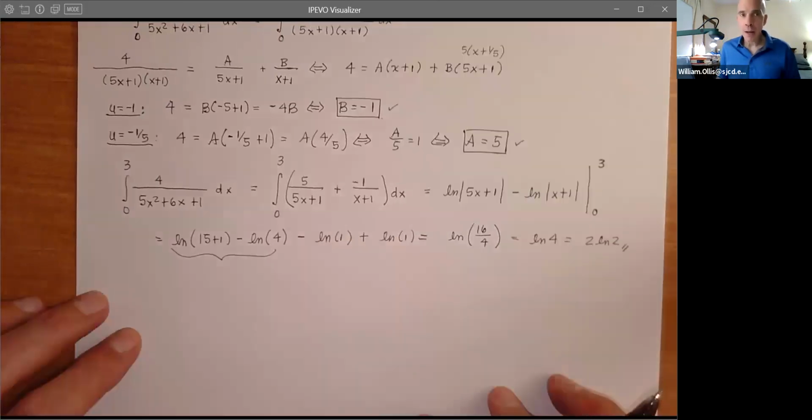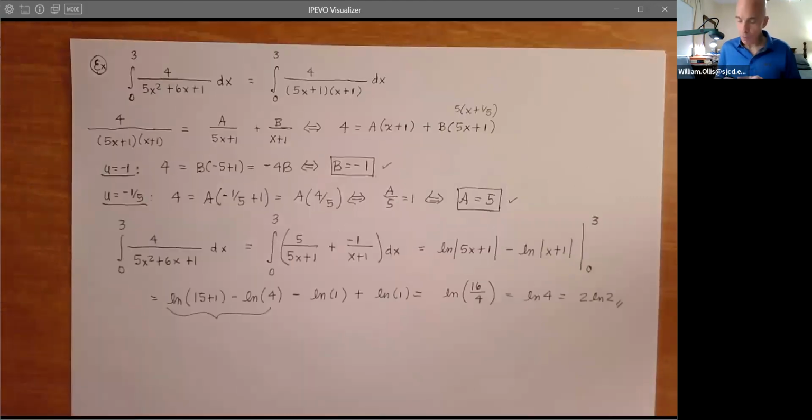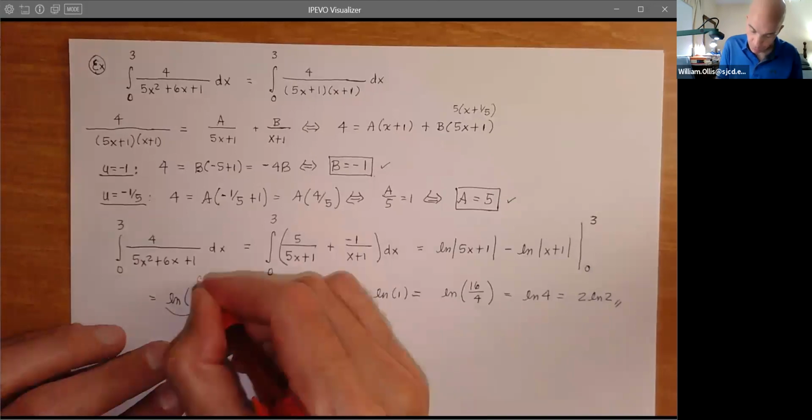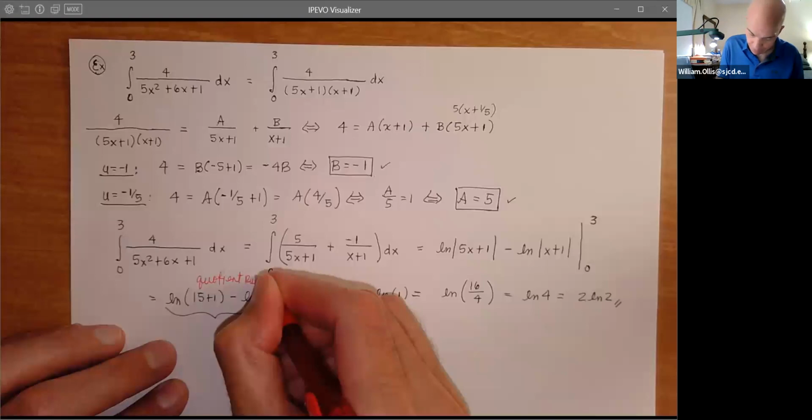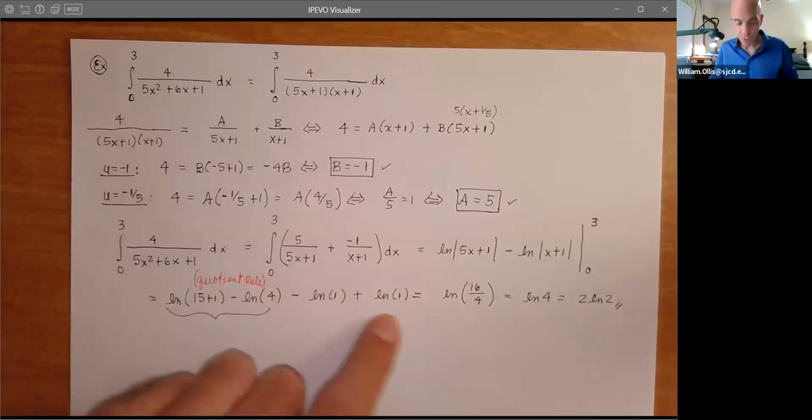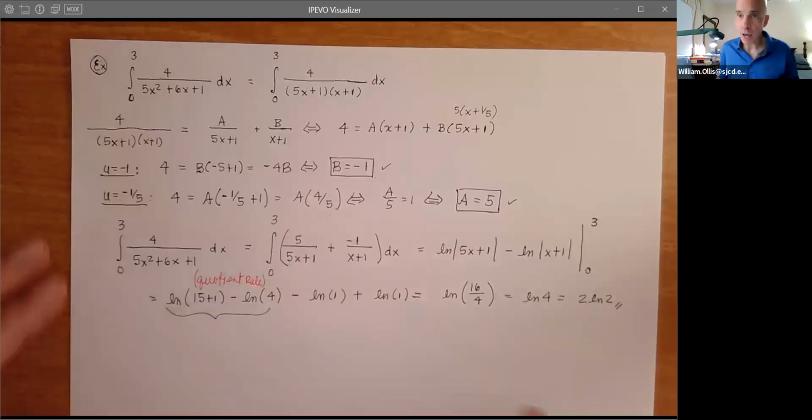So this particular problem, again, you don't have to do this. We'll just say quotient rule. And then, of course, these terms are just 0 by definition of the logarithm.